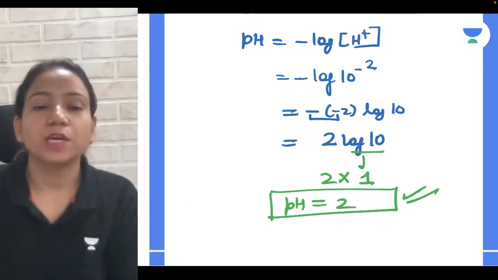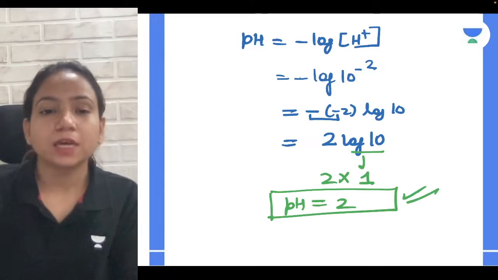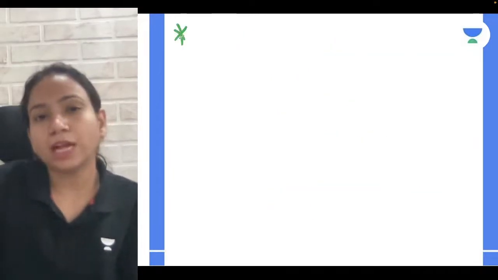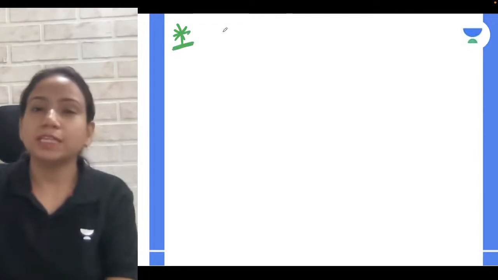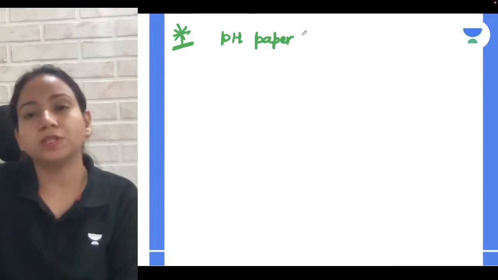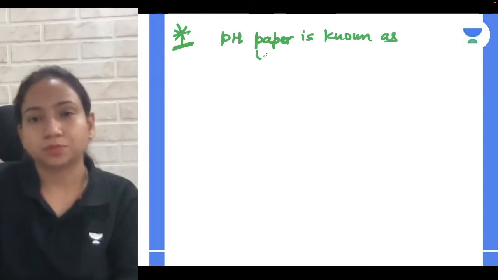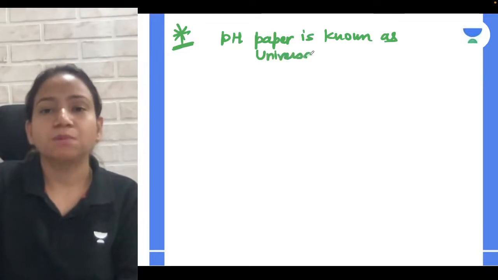Very good. So this way we can calculate pH. Remember, if you remember from small classes, you used to study that pH paper is known as universal indicator. So what is pH paper?